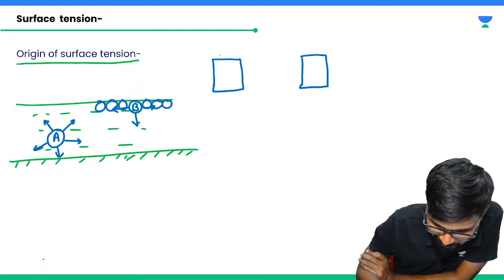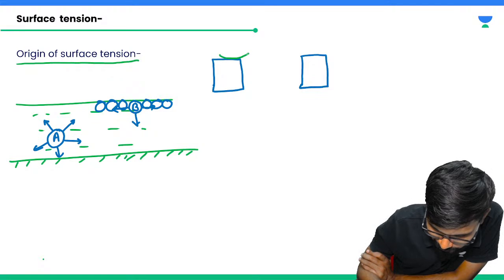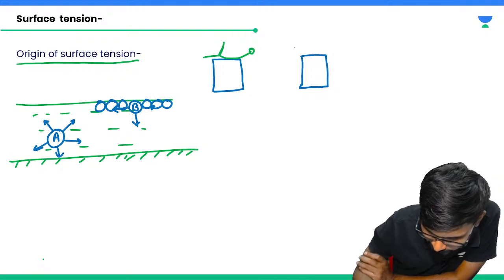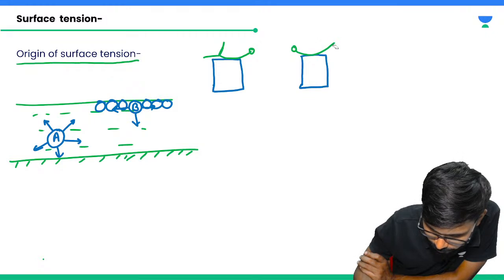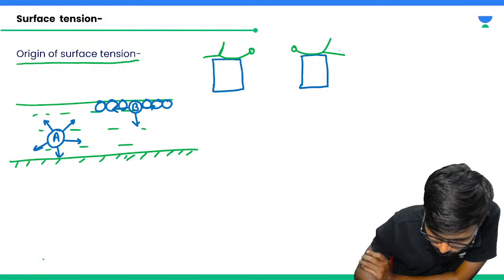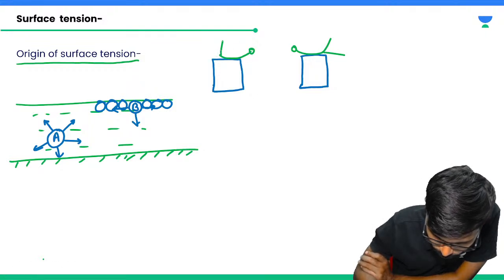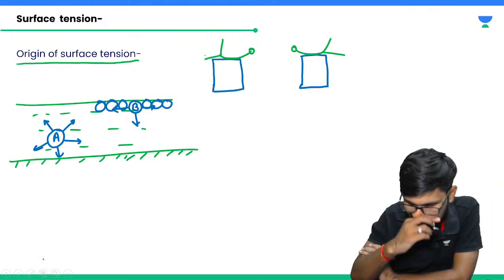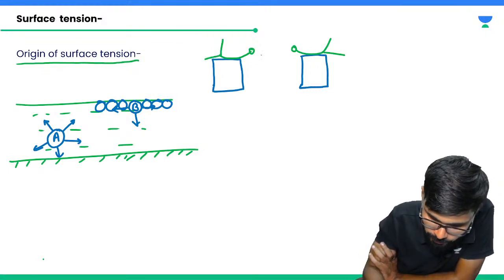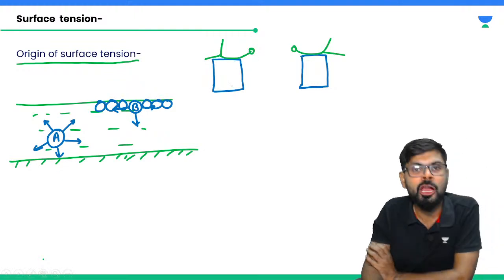So now here one person is there. It is something like this. Here another person is there. Correct. Now you see, these people are not going down.